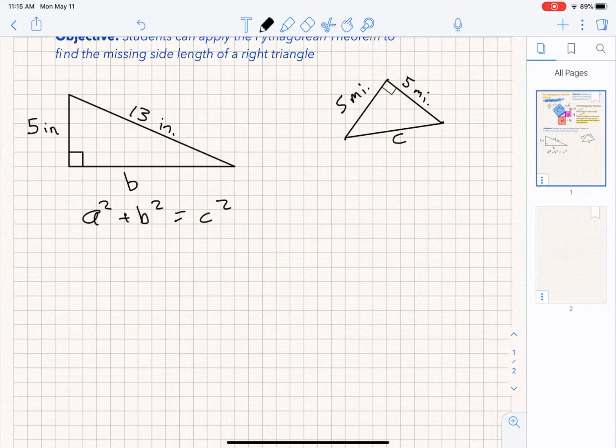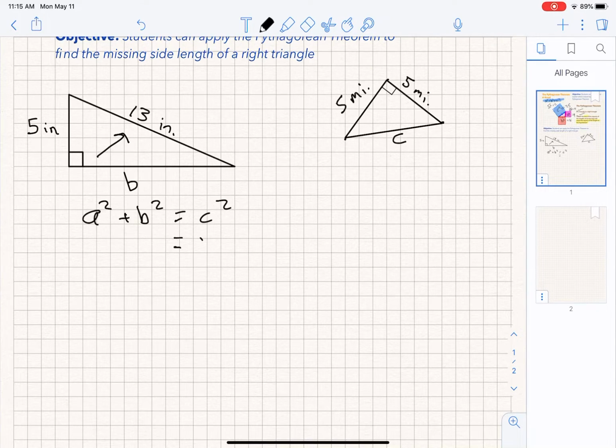It doesn't matter which leg you say is a and which leg you say is b, but it does matter that the hypotenuse, that's again the line segment that's opposite the right angle, or else the longest line segment, if that's obvious, always has to be by itself on one side of the equation. And from here, you just use your good equation solving techniques, and plug in the numbers.